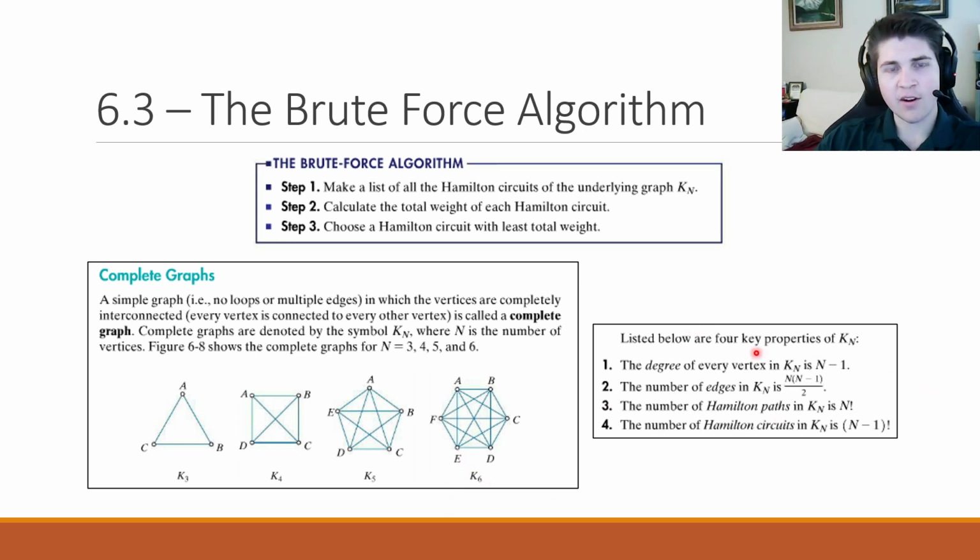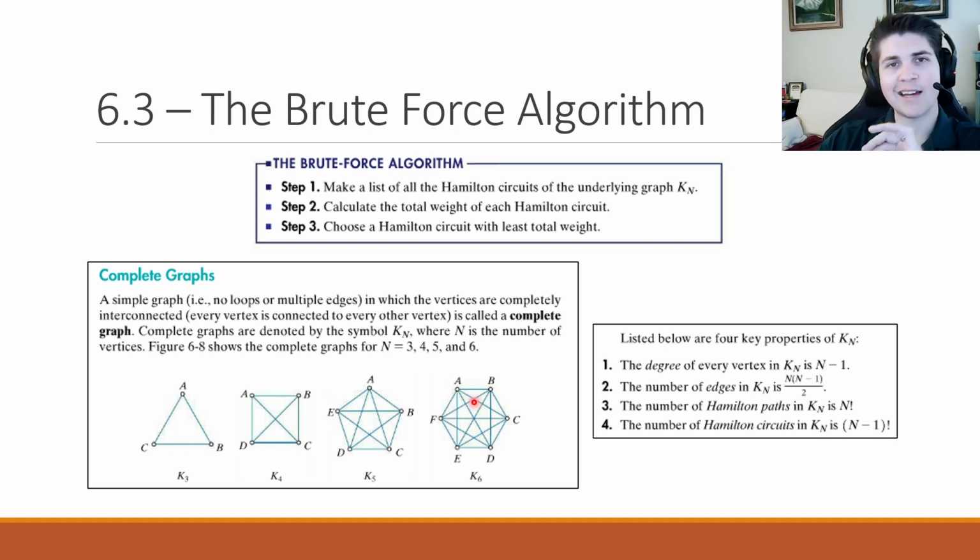And basically over here are some of those key properties. This is also in your packet if you want these things printed out. But basically the degree of every vertex in Kn will be n minus 1. That's kind of obvious because if it's completely interconnected, say for example K6, each vertex has 5 locations we can go to. So the degree of vertex A will be 5, meaning it's odd as opposed to even.